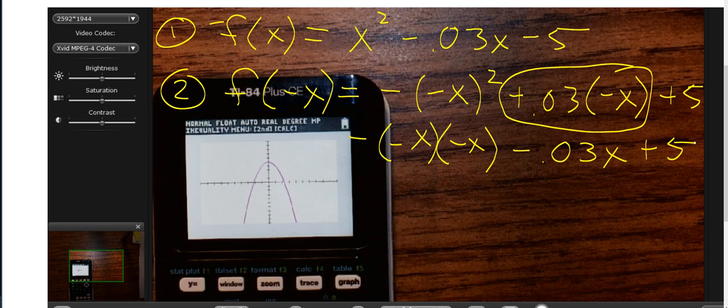You got 3 of them, right? You got negative 1 times negative x times negative x. How many of those negatives are canceling out? 2, right? 1 pair. Because they always cancel out in pairs. So if I simplify that term at the front, what do I get? Negative x squared.